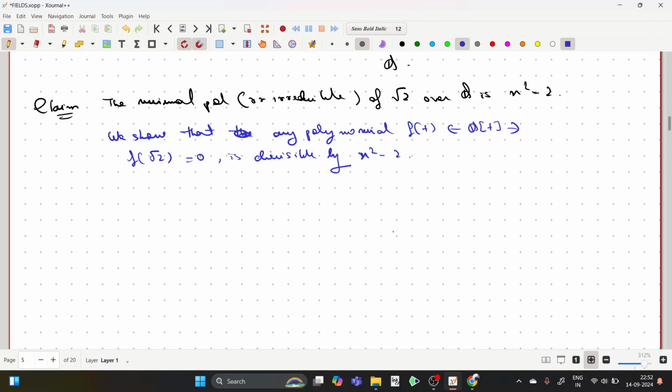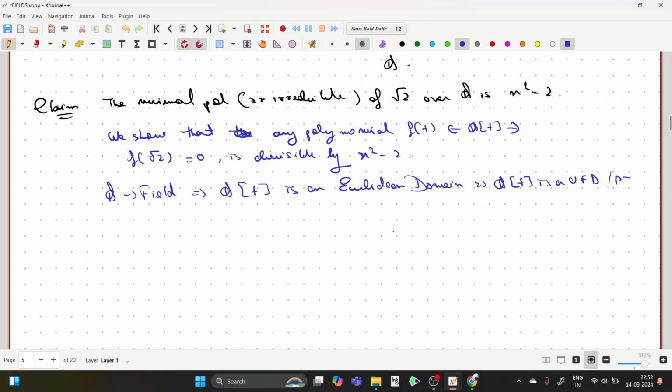This is quite easy to show, because Q is a field. This implies that Q[t] is a Euclidean domain, which in fact says that Q[t] is a unique factorization domain, and in fact a PID as well. So therefore we can talk about division inside this integral domain.